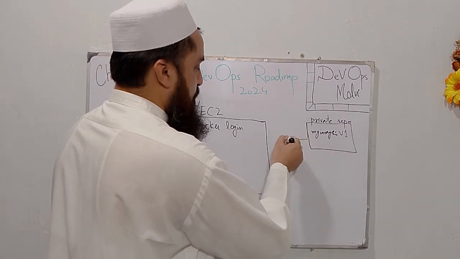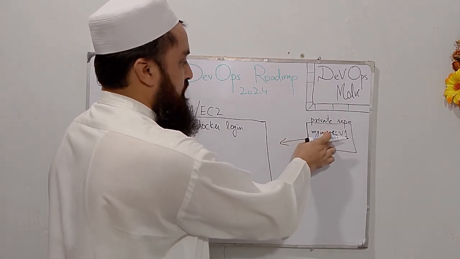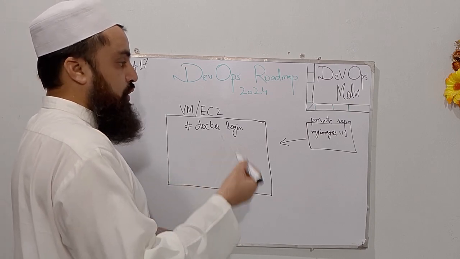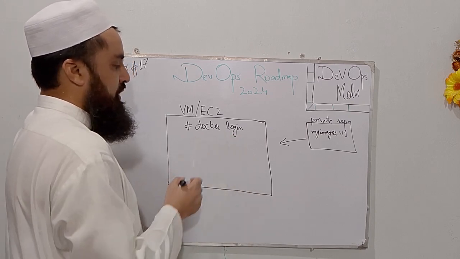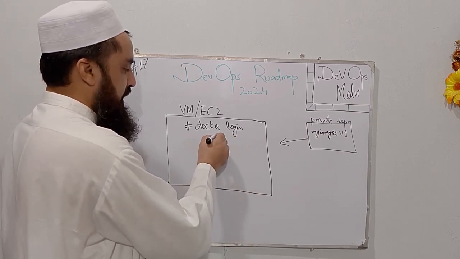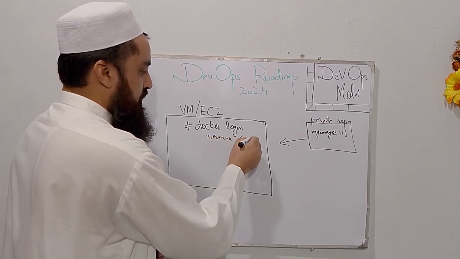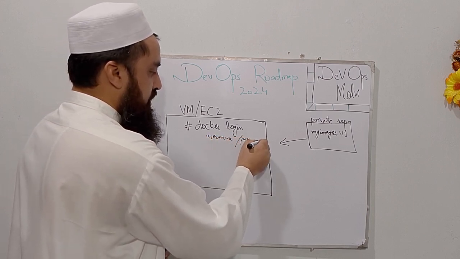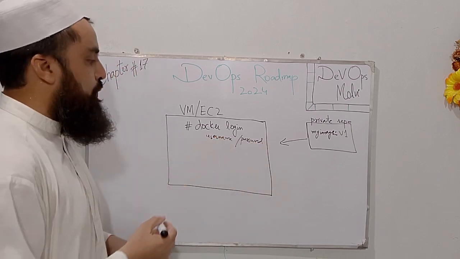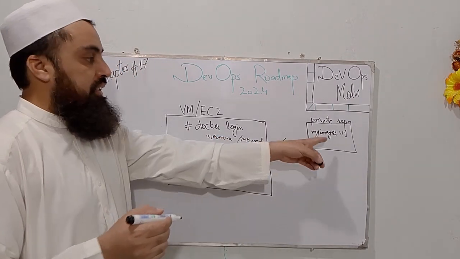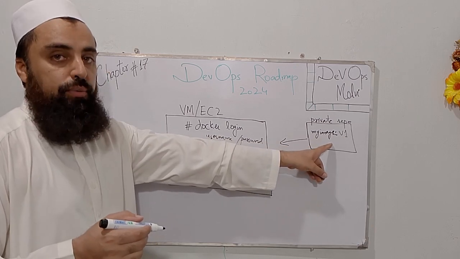Now we will authenticate our container registry, which is Docker Hub, on our VM. Once we log in on our VM, then we can pull the Docker images from our private repository.